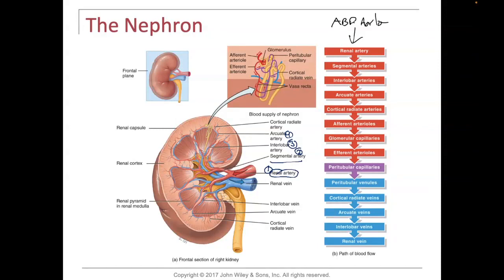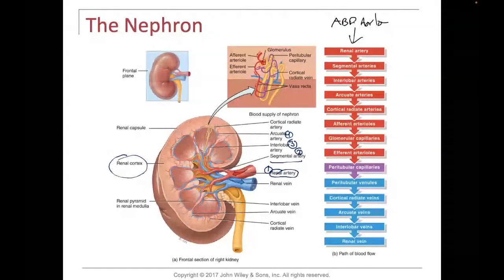Now, the arcuate, which goes over the base of each of these pyramids, has little tiny branches that come off of it. These very small arteries radiate into the renal cortex. Since these arteries radiate into the cortex region, we can call that number five, cortical radiate artery.